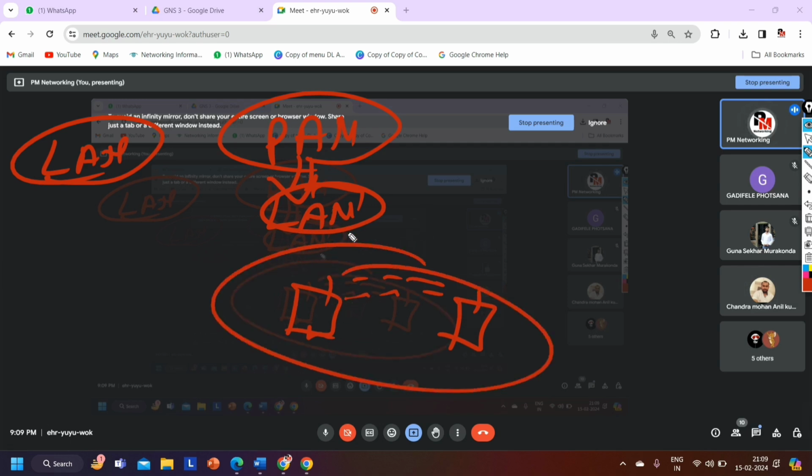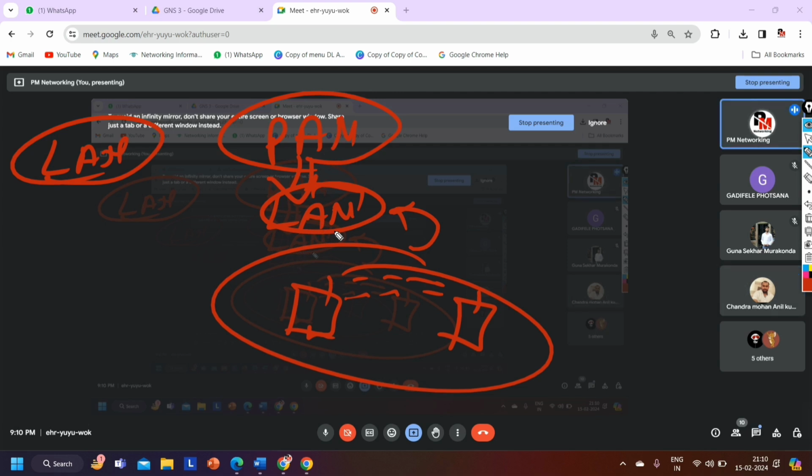So this type of network is known as PAN, personal area network. We use it for personal use, not for corporate use. Getting my point? So when you connect devices through Bluetooth or hotspots, those types of networks are known as PAN, personal area network, and PAN is again smaller than LAN.